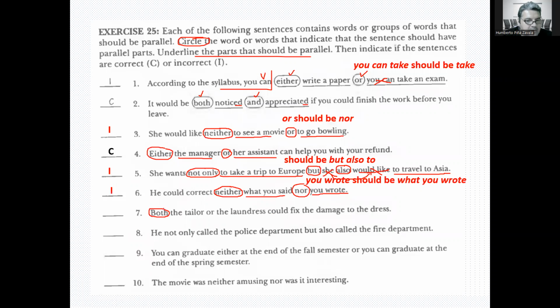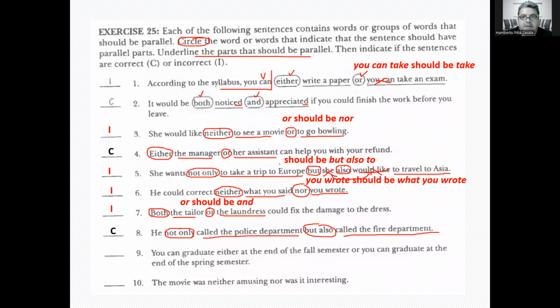Both the tailor or the laundress could visit damage to the dress. It's both this and that, not both or, these don't go together. So it should be both the tailor and the laundress could visit damage. He not only called the police department, but also called the fire department.